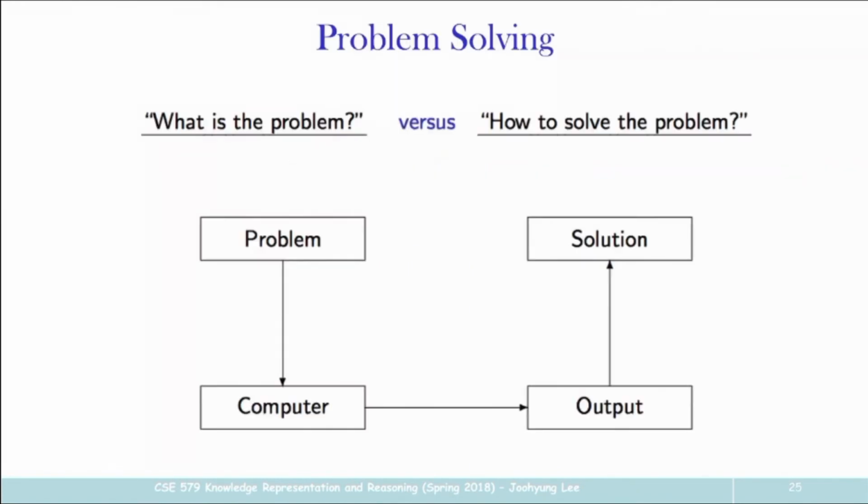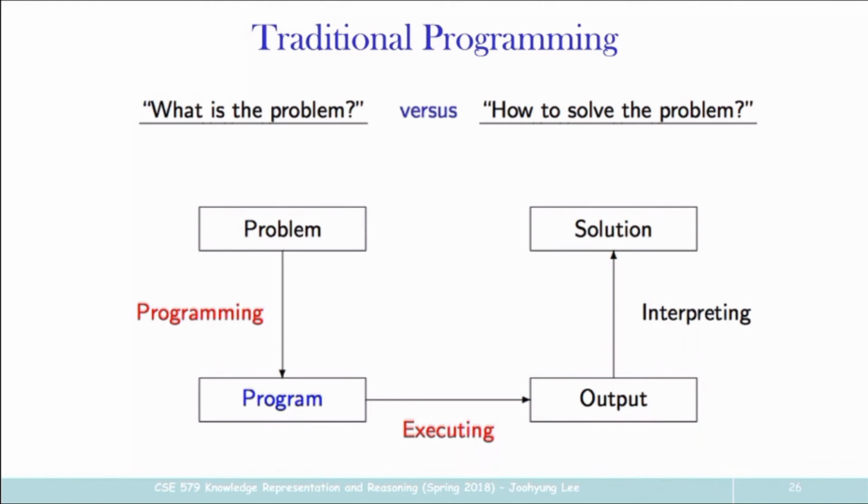So let's do some introduction. You recall the problem-solving method. How do we solve a problem? We use a computer to model the problem, the output is returned, and from there we get the solution. Traditionally, turning the problem into a program is called programming, and you execute it, get the output, and interpret this output to get the solution.